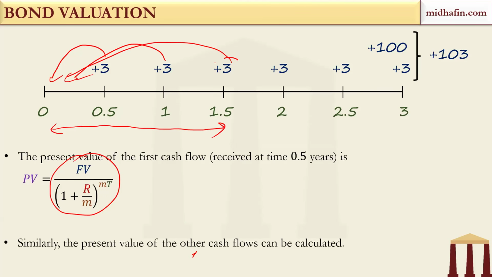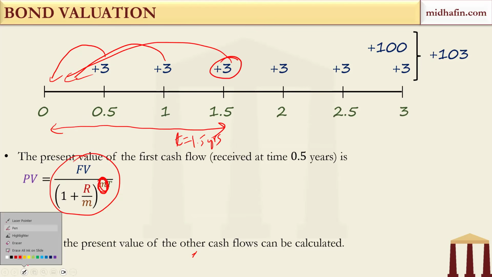If I have to discount this 3, although the total number of years is 1.5 years, but what is M? M is the period, right? It is not the number of years. So M was the compounding frequency, in fact, right? So what was the compounding frequency for this particular bond?